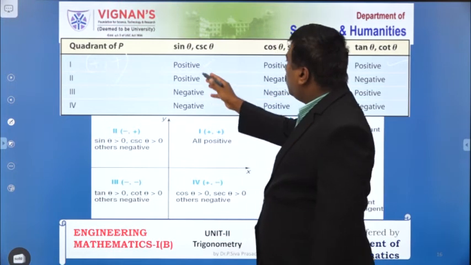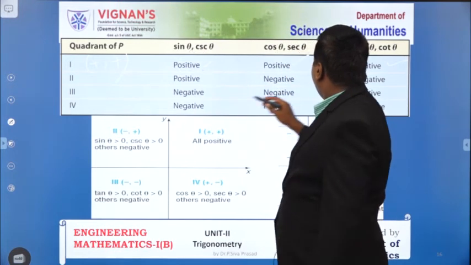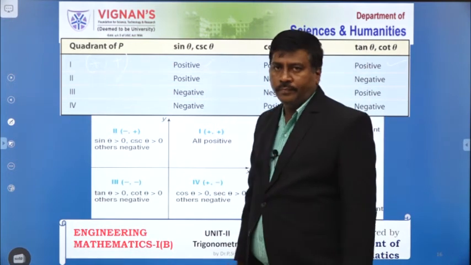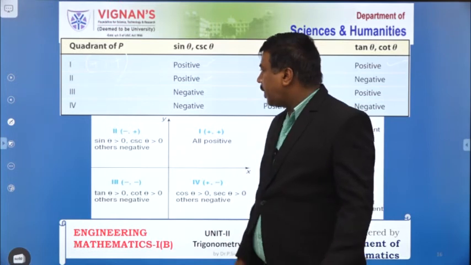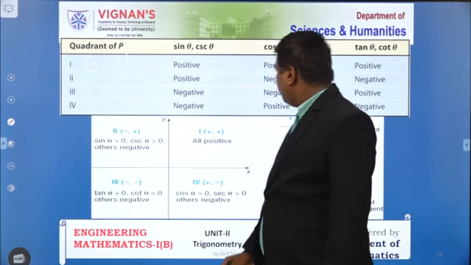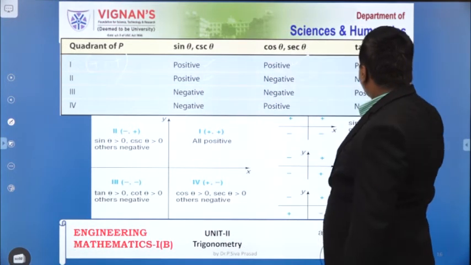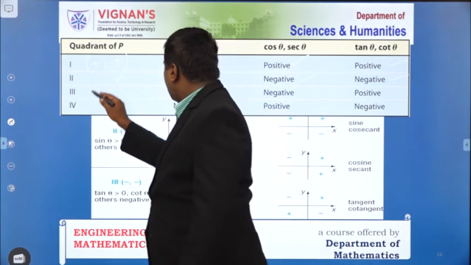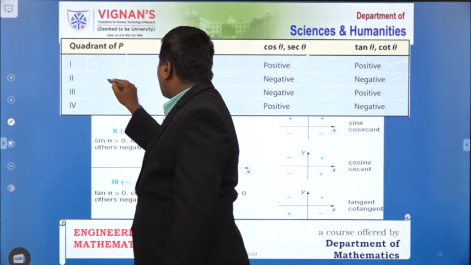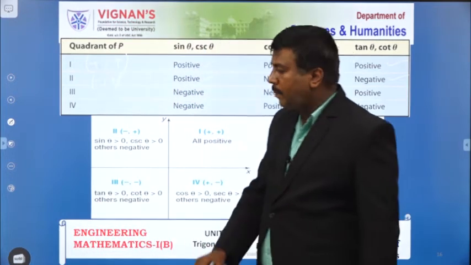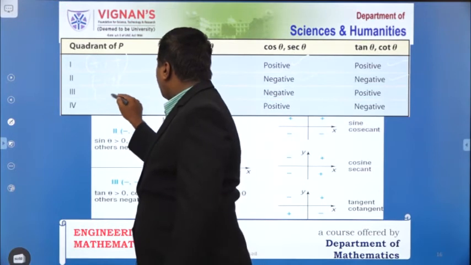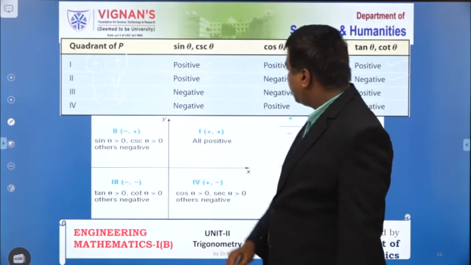In the second quadrant only the sine and the cosecant functions are positive. The remaining trigonometric ratios are all negative. So here this is negative, this is negative. The second quadrant may be taken as minus comma plus. In the third quadrant, both are negative values, minus minus.